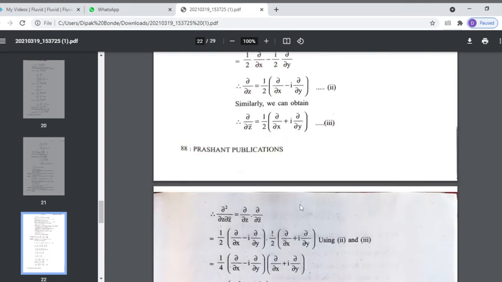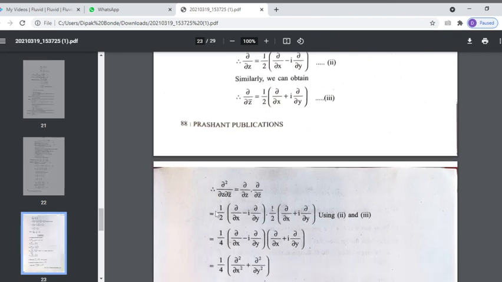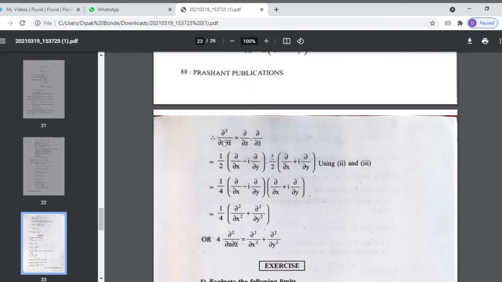So comparing these two, we can take del square by del z del z bar, that is, del by del z of del by del z bar. We already calculated del by del z and del by del z bar. So putting these values, 1 half of del by del x minus i into del by del y, into 1 half of del by del x plus i into del by del y.